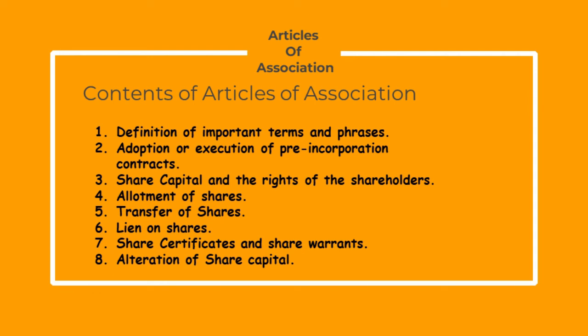Again, the alteration of articles must not sanction anything which is illegal. By inserting a clause in the Articles of Association, you cannot do an illegal act. The alteration which sanctions any illegal act is inoperative and without any legal effect. That means it should not be unlawful or forbidden by the law of the country.